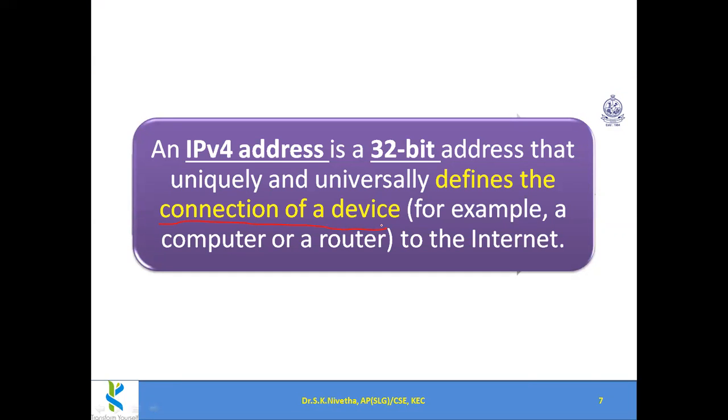So the IP address represents the connection of a device, the interface in the network, not the exact device. That particular IP address is not bound to my computer or laptop. Whoever brings their laptop and connects to that connection will have that address. So the connection has that unique address.